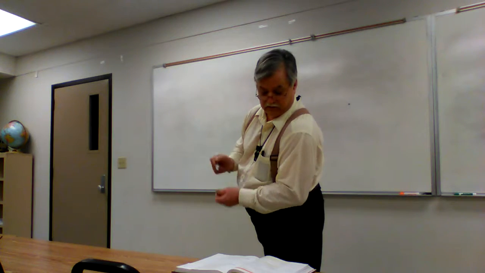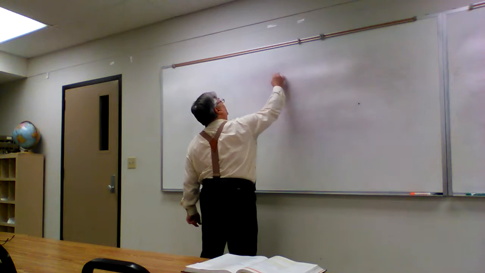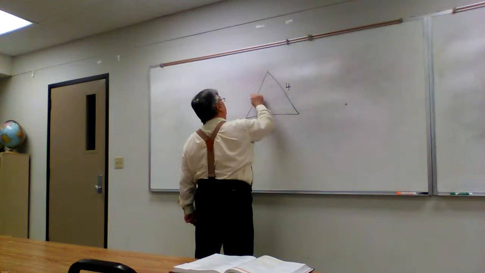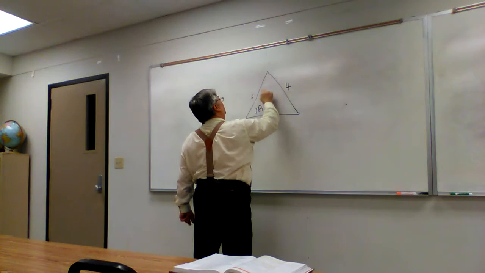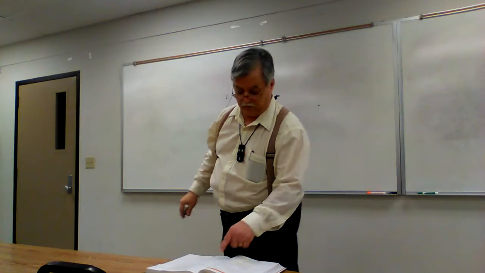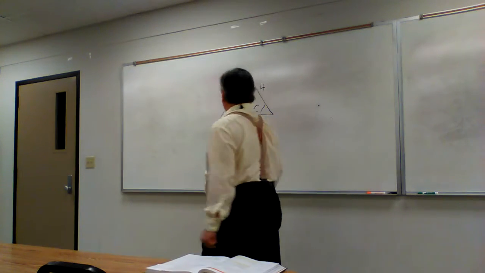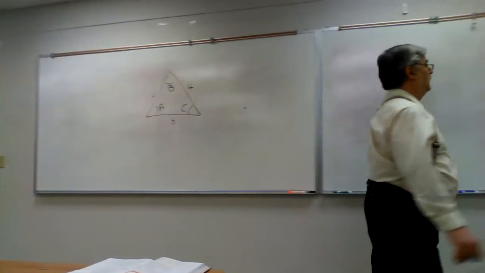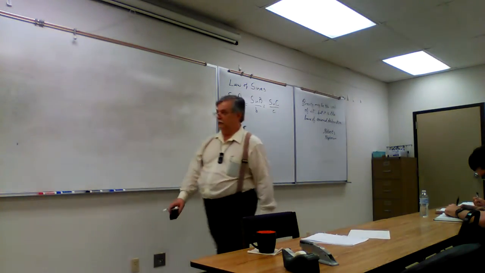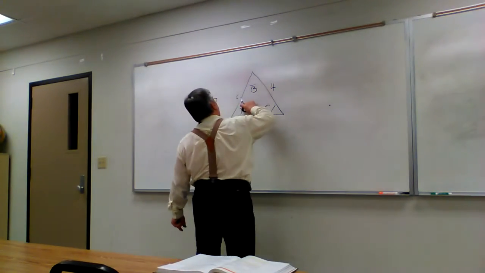So, A, B, C. Only they gave us numbers for A is 40 degrees and B is 60 degrees.